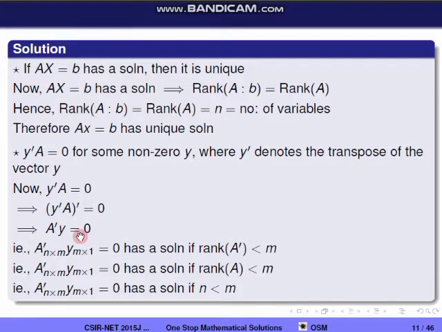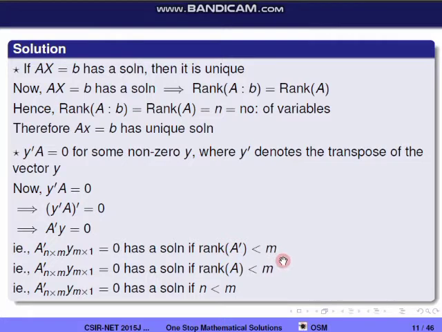So A transpose is an N cross M matrix. So A transpose, N cross M, times y, M cross 1, equal to 0 has a non-zero solution if rank of A transpose is less than M. It cannot be equal to M. If it is equal, then we should have a unique solution. Unique solution means y is equal to 0, but that contradicts our assumption. So rank should be less than M.